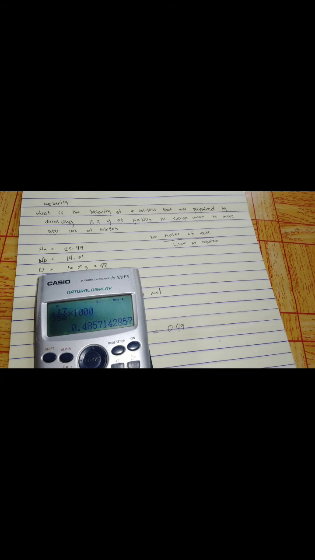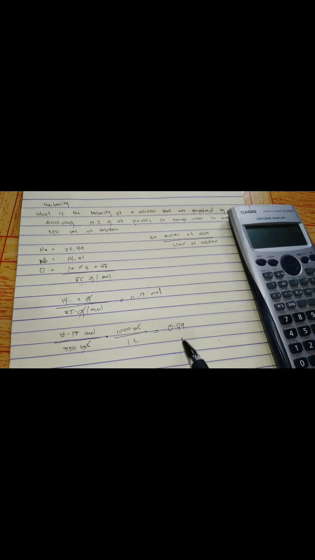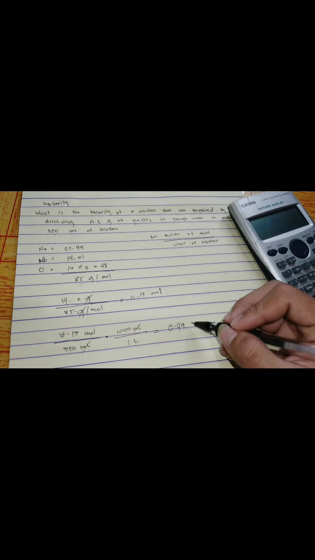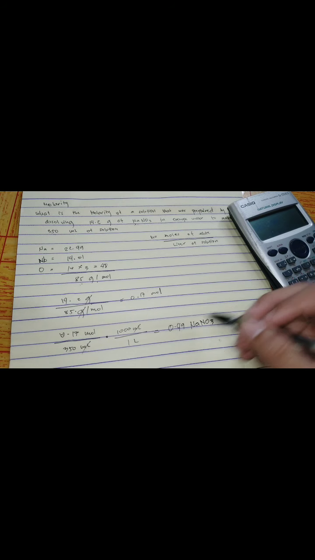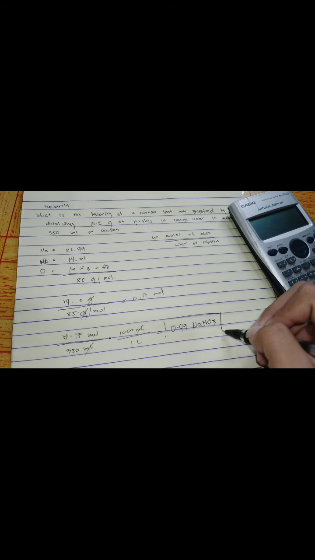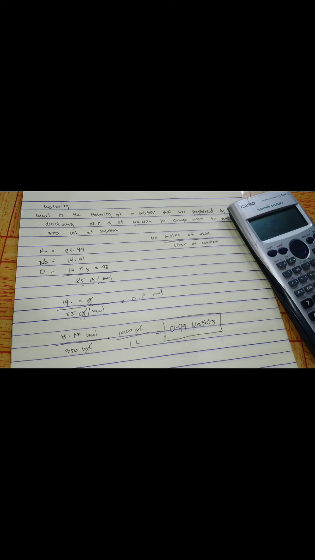So 0.49 sodium nitrate. So our molarity is 0.49 of sodium nitrate. Thank you.